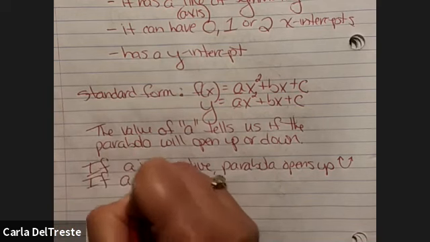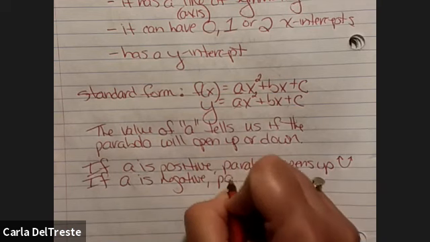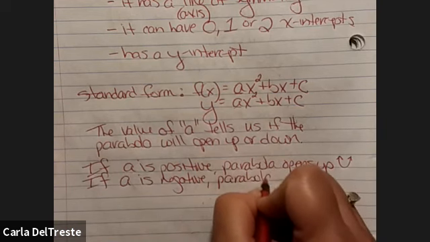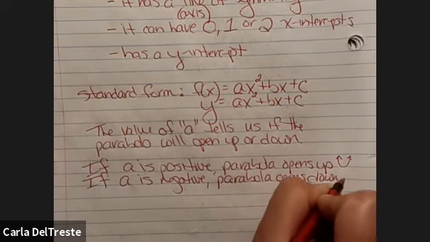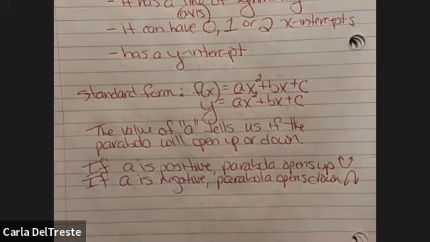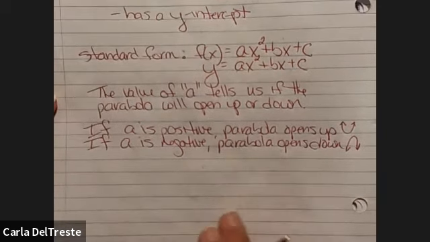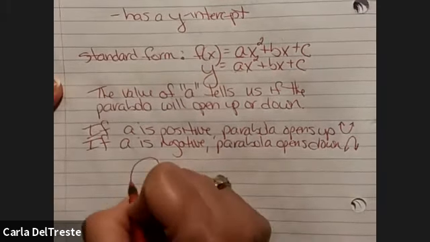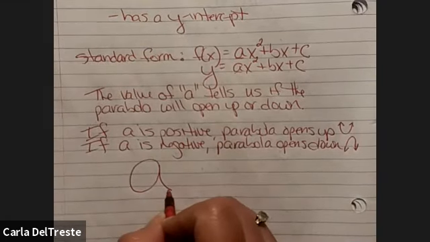If a is negative, the parabola opens down. So we're talking about the upside down U parabola. There is a cute way to remember this. If you draw a big lowercase a, it kind of looks like a little girl with a ponytail.